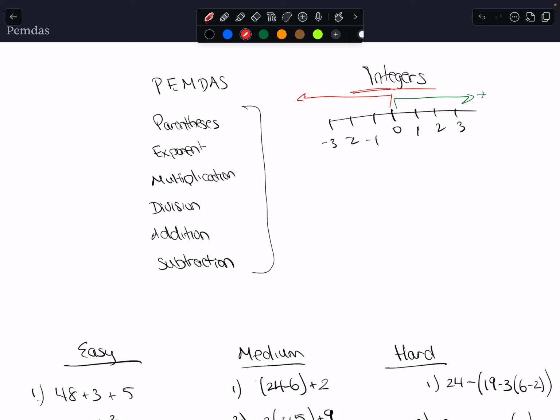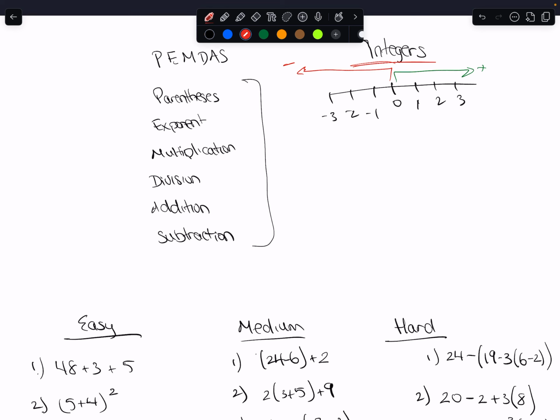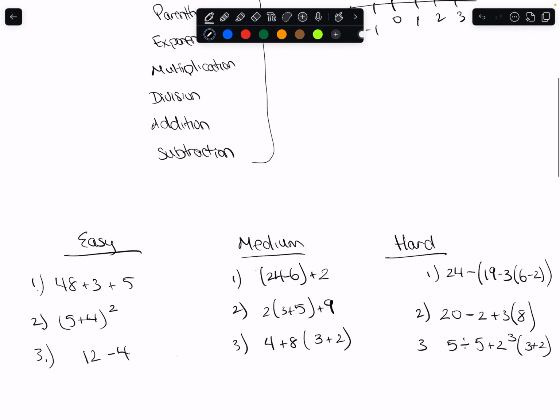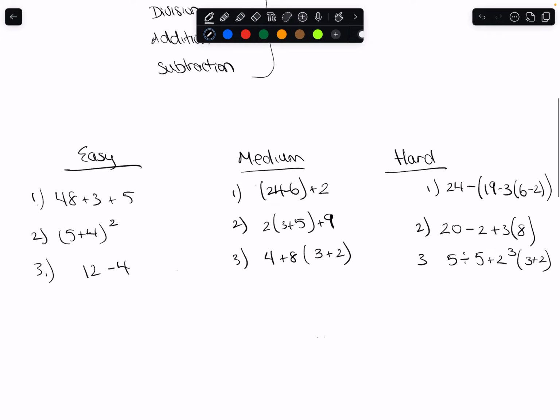These integers, like I said, as long as they fall along the number line, which is beyond just +3 and beyond just -3. When we compute them, we use PEMDAS to find answers. Let's go over a few examples, which are broken up into easy, medium, and hard.